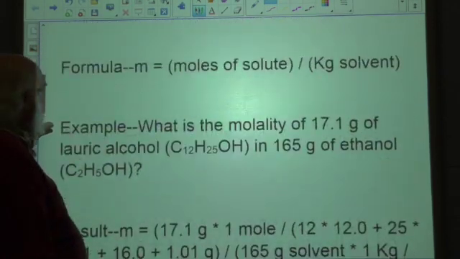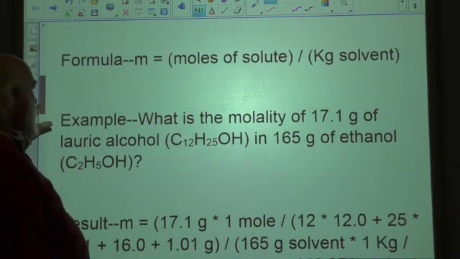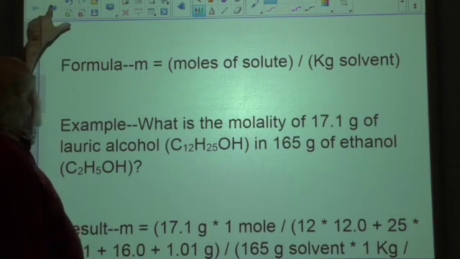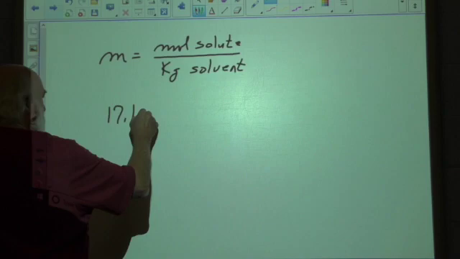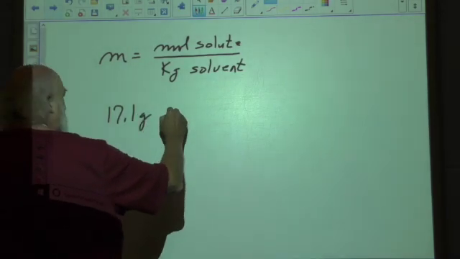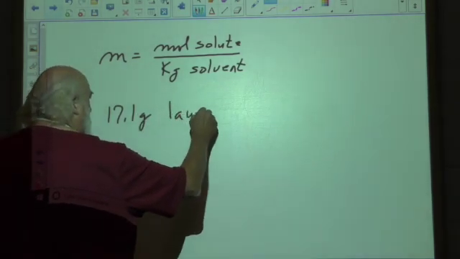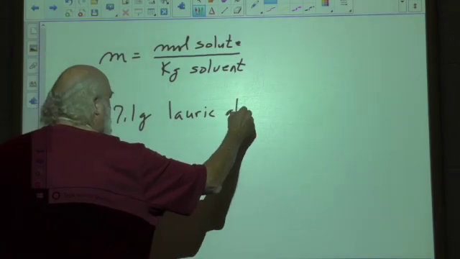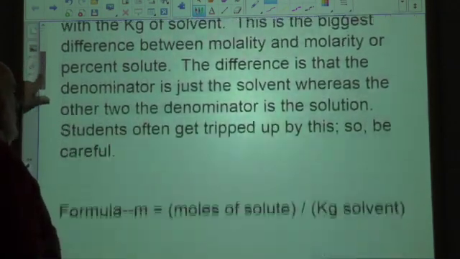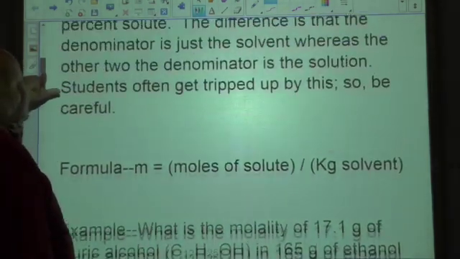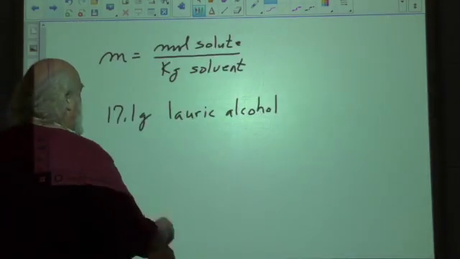We are given here 17.1 grams and 165 grams. Okay, so 17.1 grams of lauric alcohol, and 165 grams of ethanol. Okay.